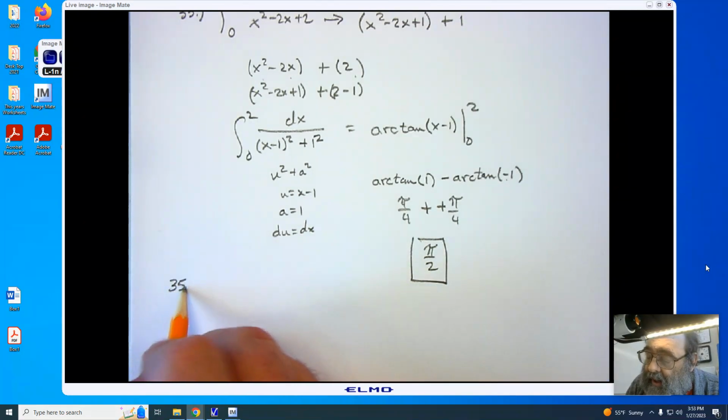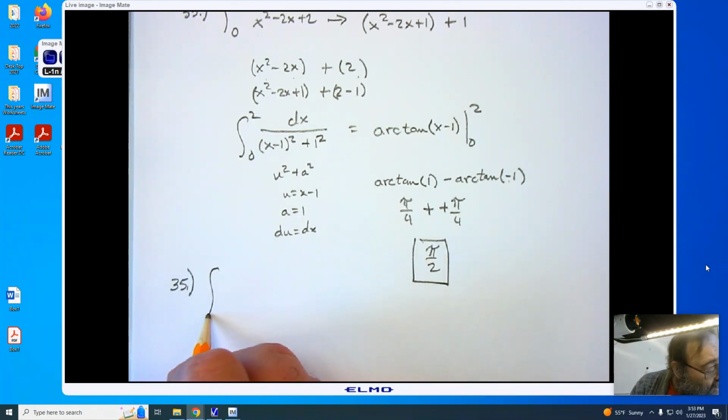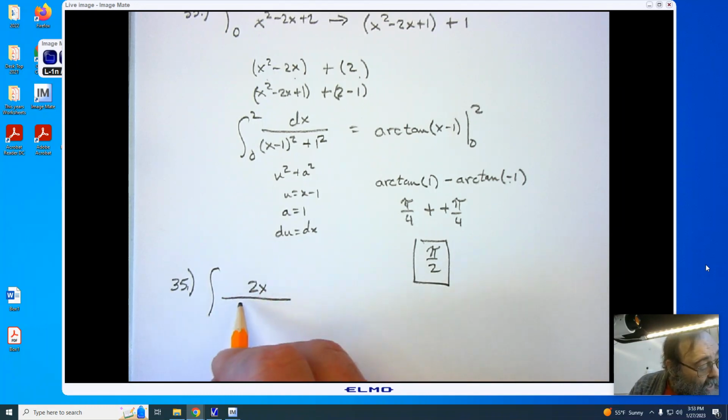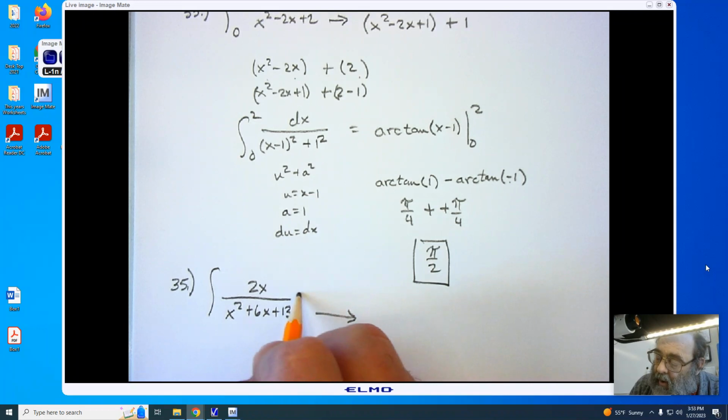Once again, just completing the square. 35 is saying find the integration, and it is an indefinite one this time, so we will be looking at not finding a value, but actively just replacing pieces and finding it with plus c. So x squared plus 6x plus 13. And once again, you've got a choice.